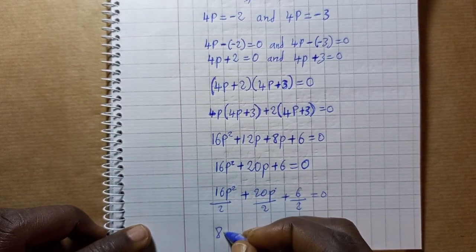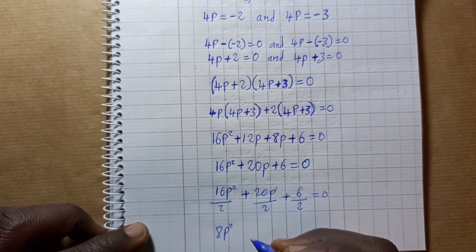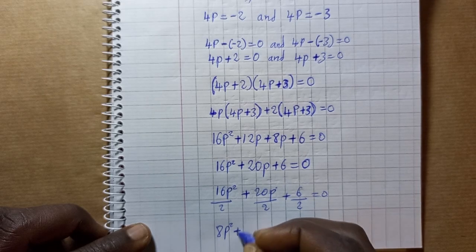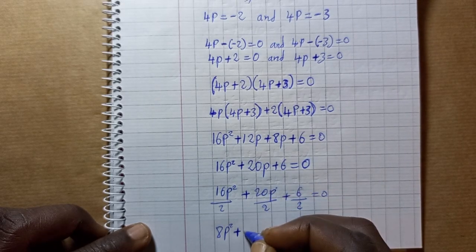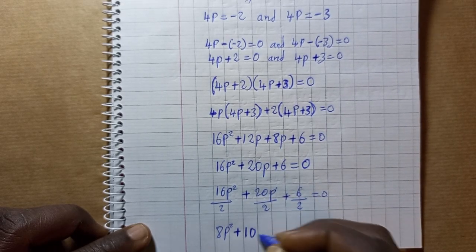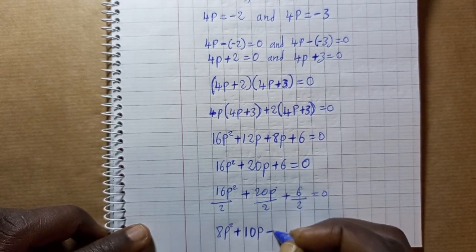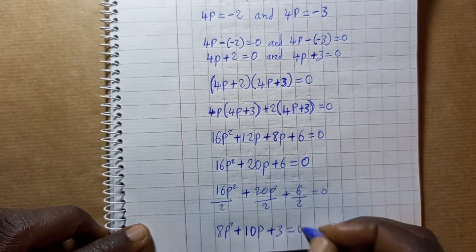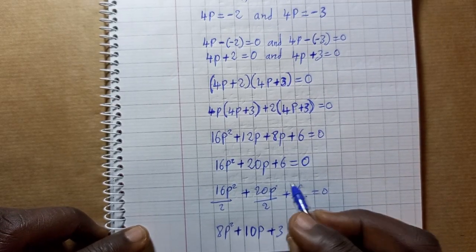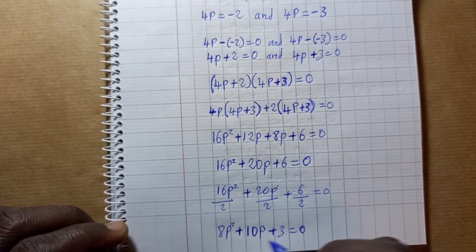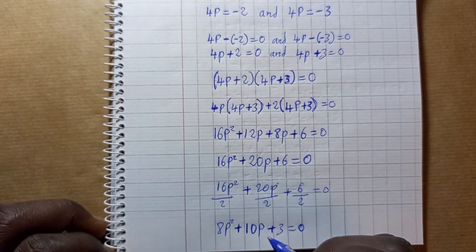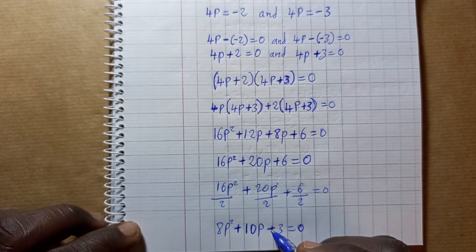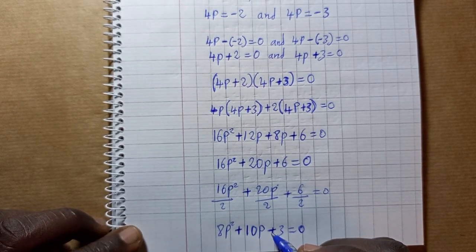So we have 8p square plus 20 divided by 2, that is 10p, then plus 6 divided by 2, 3, equals 0. So when the quadratic equation is simplified down, it will be giving us this. So these are the ways to find the quadratic equations when the roots are given.